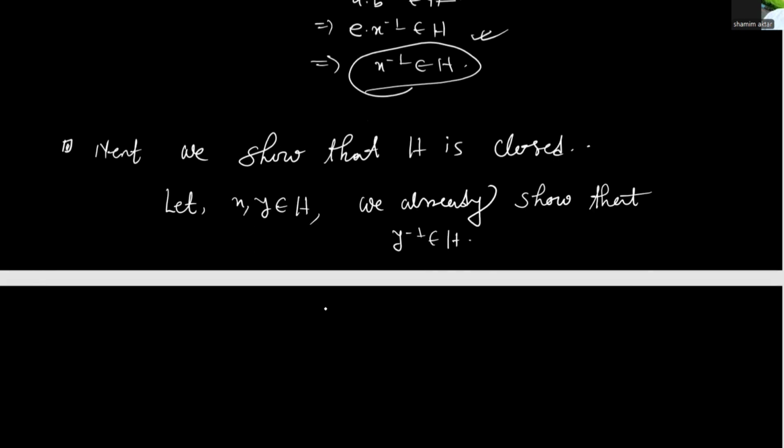So now we choose a equal to x and b equal to y inverse. Now this implies a b inverse also belongs to H, again by the hypothesis or statement of the test.